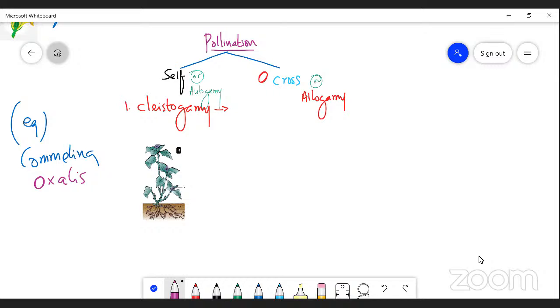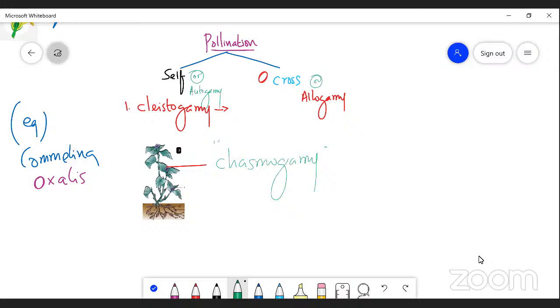Clistogamous plants consist of 2 types of flower. The first flower is a chasmogamous flower. I'd like to mention chasmogamy. So chasmogamy is a kind of pollination in which there is a transfer of pollen grain from anther to stigma within the flower.